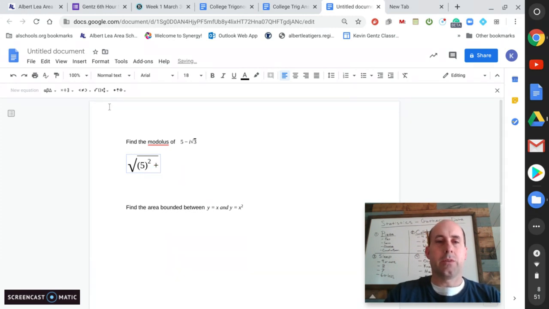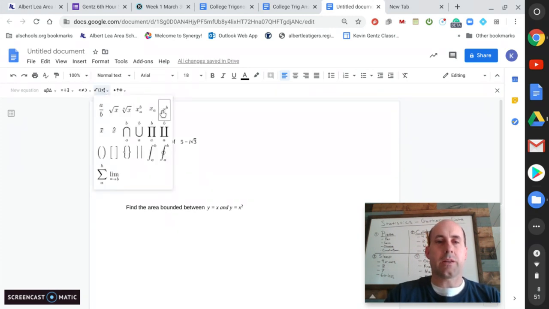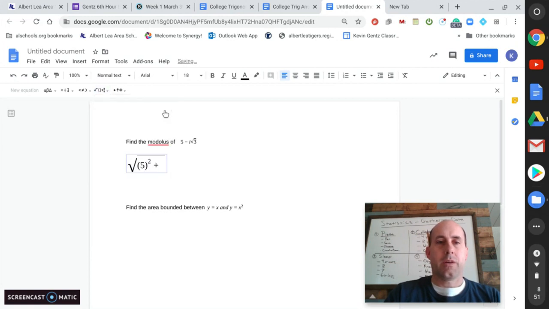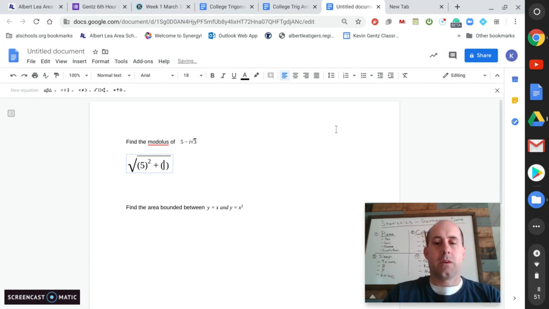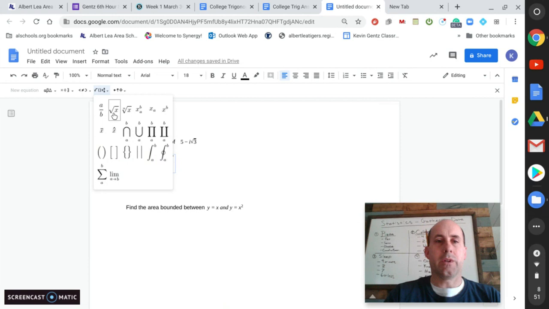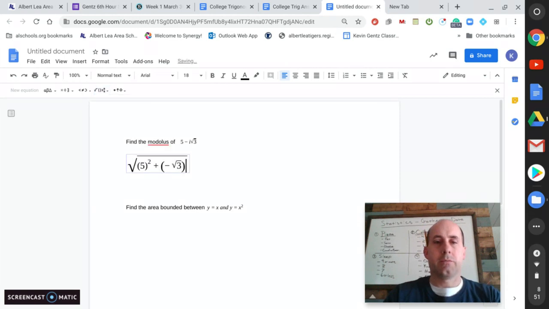Plus, you got to do another exponent here and a parenthesis in that. And we got negative root of 3. So root of 3. Move to the side. I don't know why it won't. Oh, there it goes. Somehow, finding those exponents and stuff, I found the equation editor a lot easier to use, but there I have it.